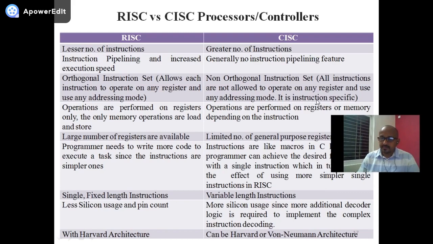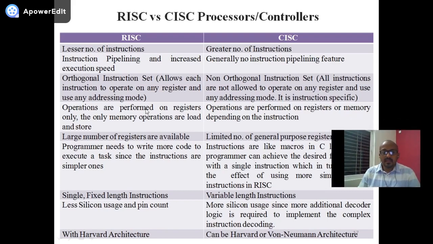RISC also has a larger number of registers available, whereas CISC has a limited number of general purpose registers. As an example for RISC, ARM has around 16 different registers, R0 to R15, and in the case of CISC, the example is 8086, where we have AX, BX, CX and DX.